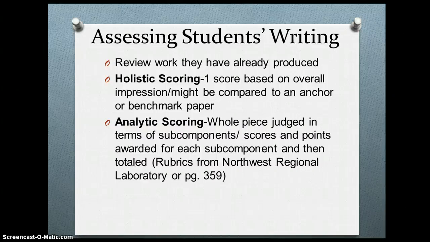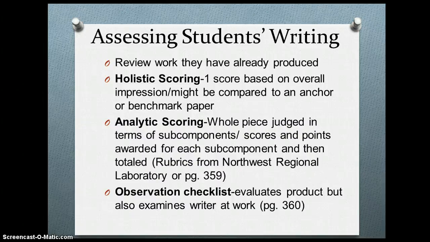So scores and points are awarded for each subcomponent. So an example of that would be like one of the 6 traits rubrics or a rubric on page 359, or using an observation checklist to evaluate the product, but also to examine the writer at work.